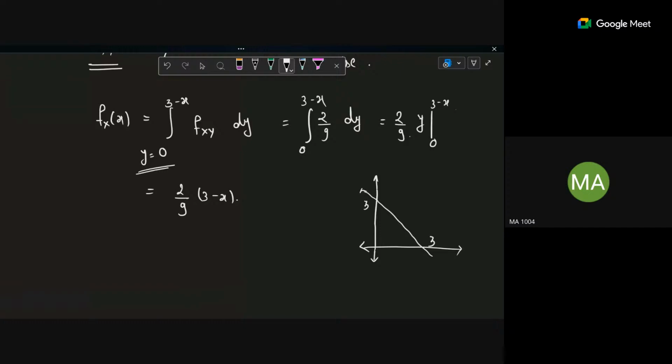If I take, for example, a horizontal strip, then this will be the limit of what? This is limit 0, and this will be 3 minus y.